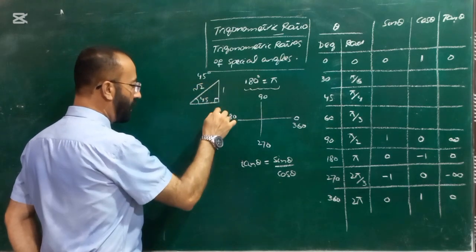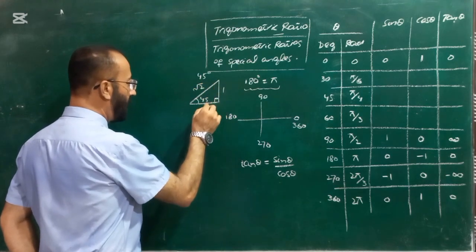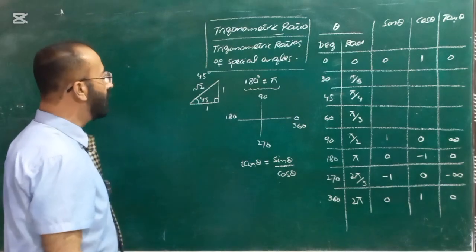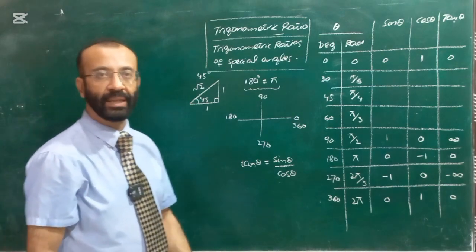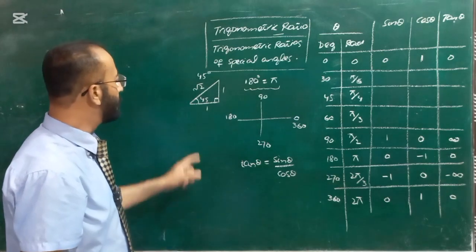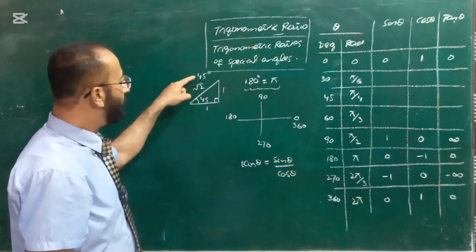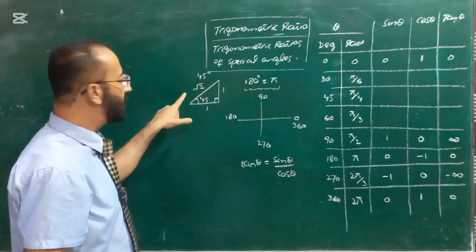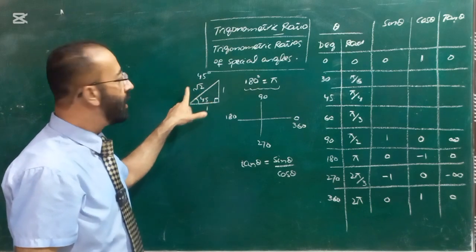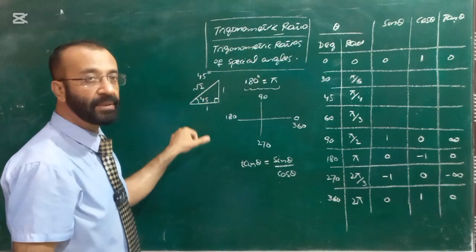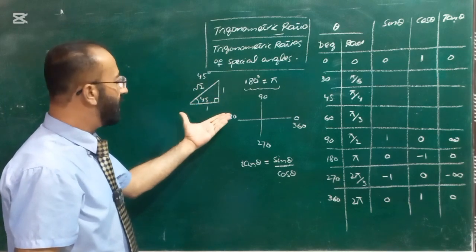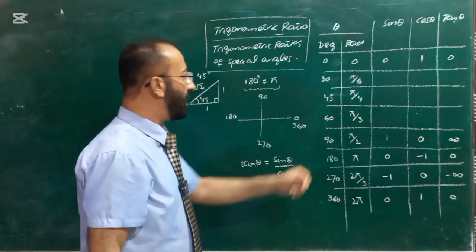The vertical, that is perpendicular, and base are 1 and 1. So you have to remember, you have to learn this triangle for 45 degree. So again listen, in 45 degree triangle, hypotenuse is always square root 2, perpendicular and base are 1, 1. So from here, now you will solve the values.